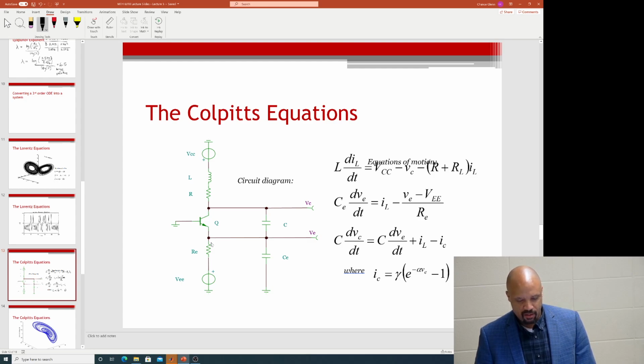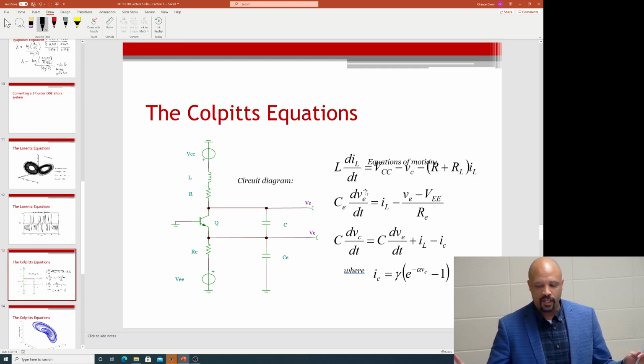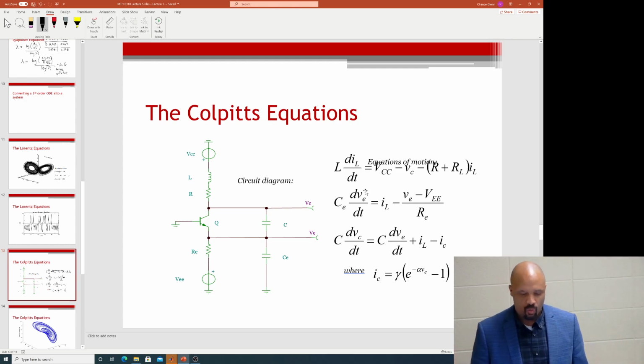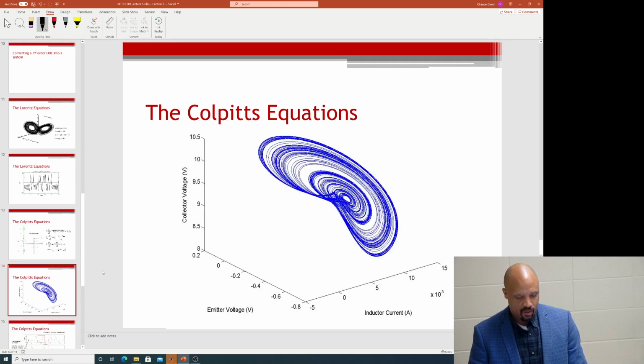This is the emitter of the transistor, the voltage there, and the current that flows through here, we call it I sub L, which is this inductor current. That's all you need to know in order to know what's happening in this circuit. And here are the equations for it.